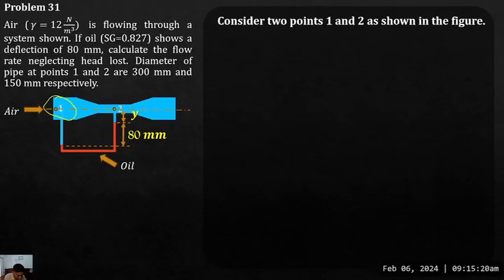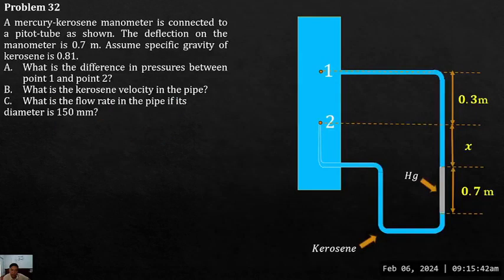Nandito siya, di lang masyadong clear, pero may patulis siya dyan. So, yung point 1, yung may velocity na 0, sa problem 31. Okay? Sige, so ano pa yung mga tanong?